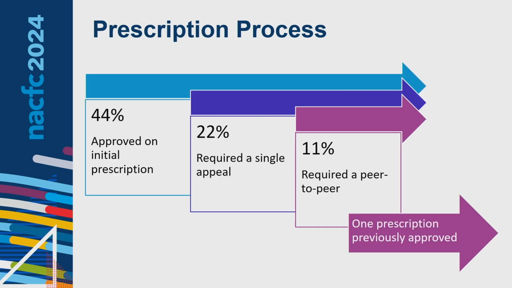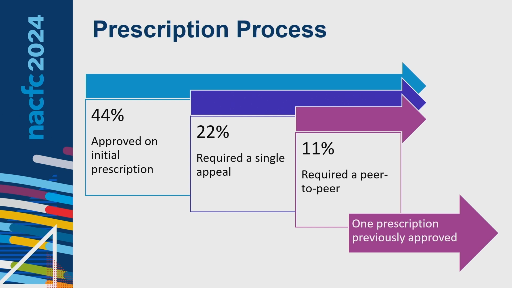For the prescriptions themselves, I was relatively encouraged by this, that 44% were approved on first pass, so that there was not an extended delay in drug delivery. 22% did have an appeal. These appeals can sometimes be lengthy, so insurance companies can take sometimes up to 30 or 40 days to respond. And so we'll talk about that a bit more in the lag time between prescription and drug delivery.